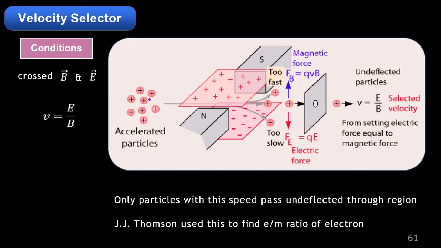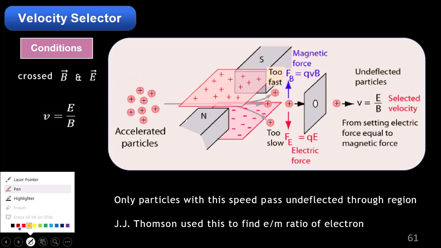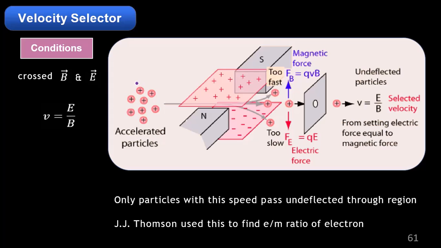So with the help of this Lorentz force, we now go to an instrument known as the velocity selector. What is the purpose of the velocity selector? In a velocity selector, let us say there are multiple charged particles.